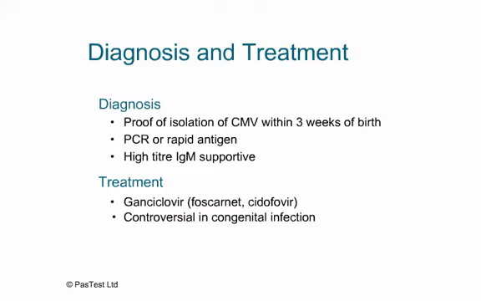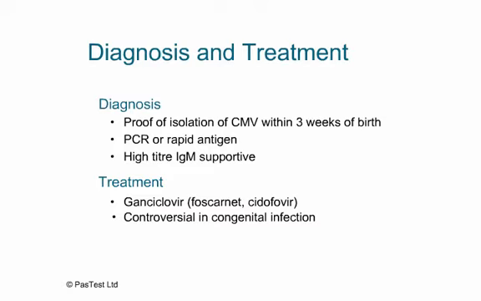This is detection of the CMV antigen, and therefore corresponds to the presence of virus being excreted in those body fluids. A supportive test is a high titer of IgM in the blood, but the use of these tests has now largely been superseded by the use of PCR.